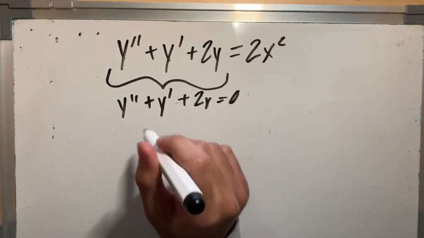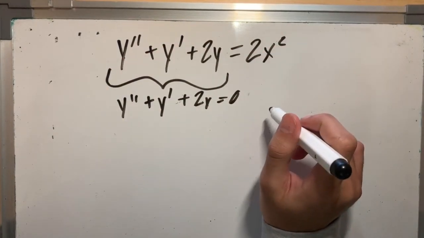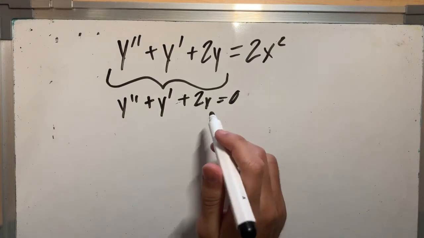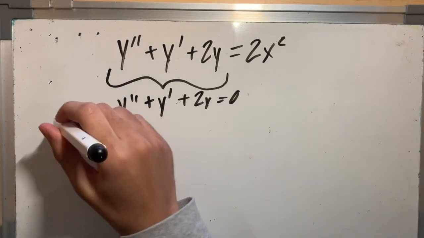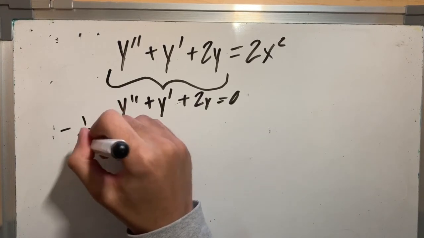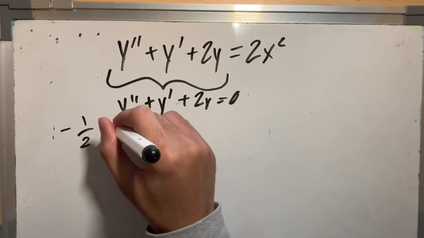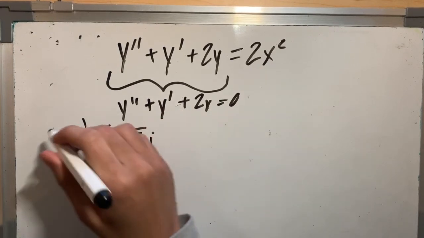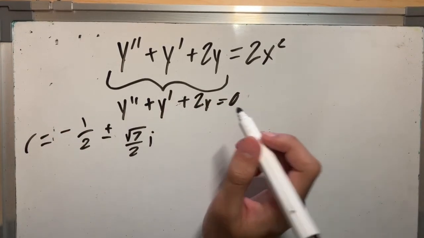So this entire thing, if you put it into the quadratic formula, which would be -1 plus or minus square root of 1 squared minus 8 over 2, you would end up getting 2 complex conjugate roots, which would be -1/2 plus or minus square root of 7 over 2 i would be equal to r in this scenario.